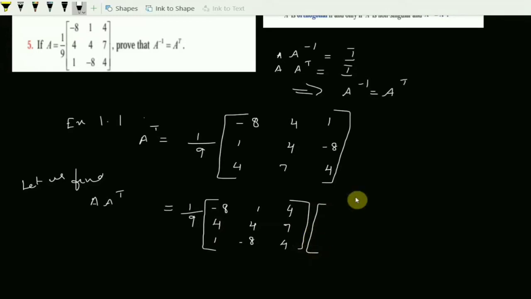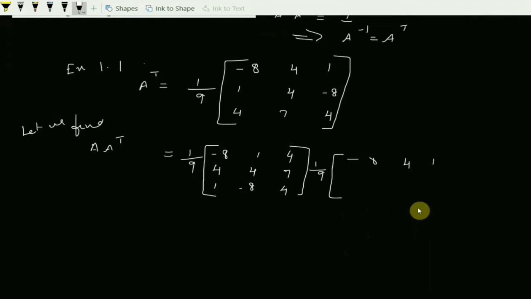So what is A transpose? It is 1 by 9 into the transpose: minus 8, 4, 1.